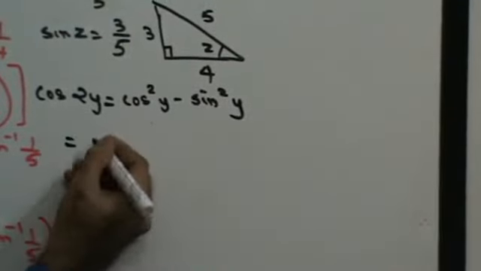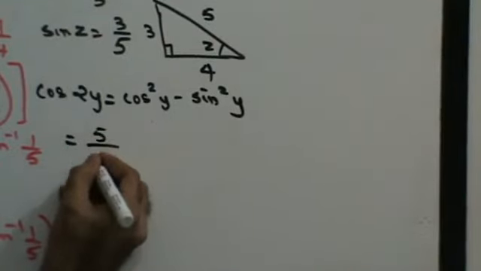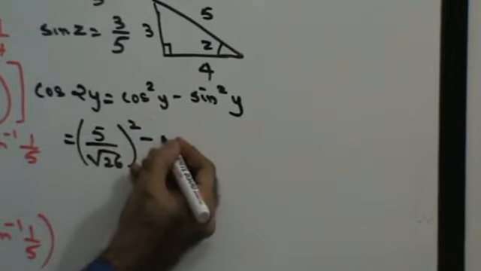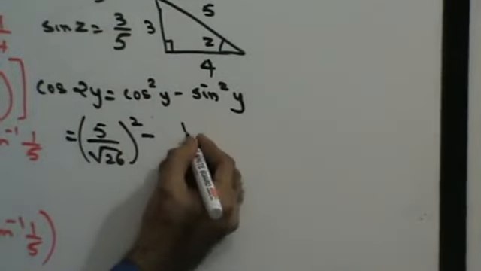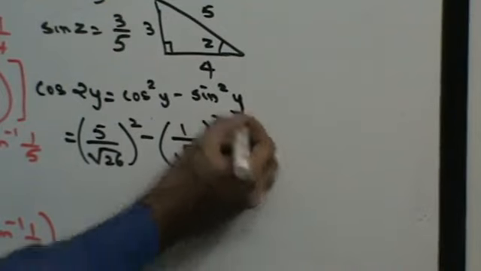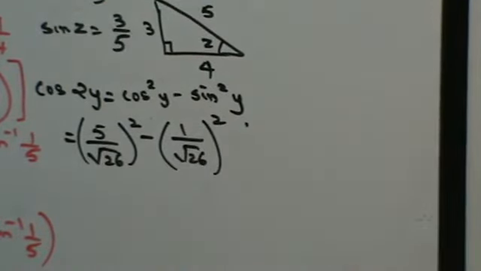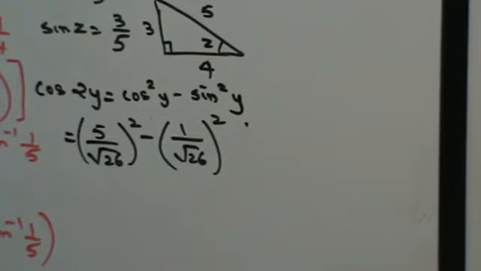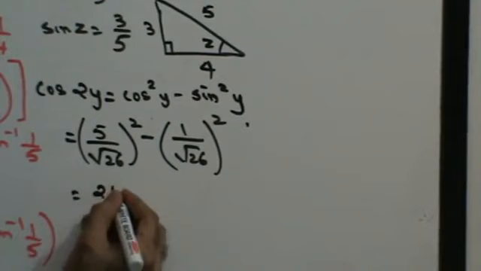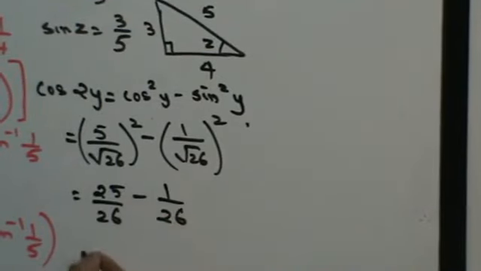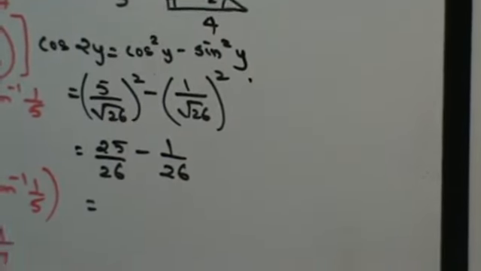Cos y, cos is adjacent upon hypotenuse. Right? So in that case this is going to be 25 by 26 minus 1 by 26, 24 by 26, which is going to be nothing but 12 by 13.